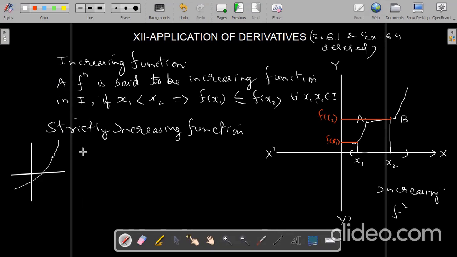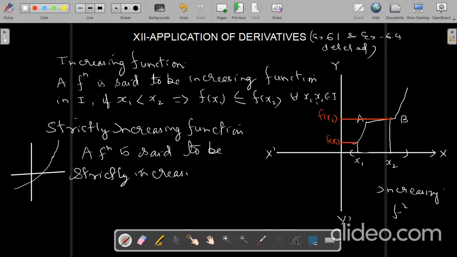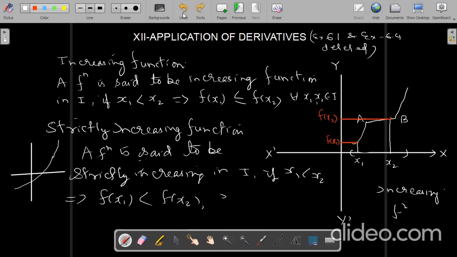The same definition: a function is said to be strictly increasing if and only if in the interval I, x1 less than x2 implies that f(x1) is also less than f(x2), for all x1, x2.